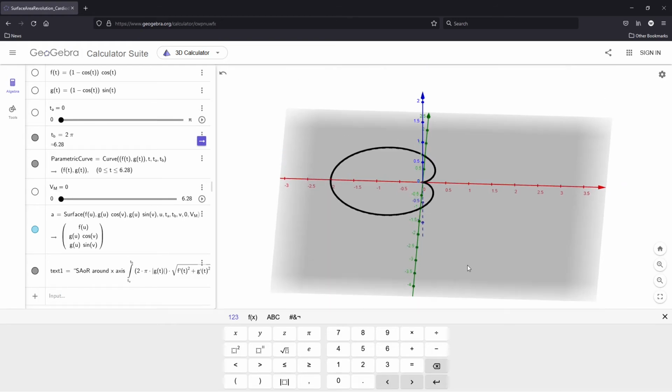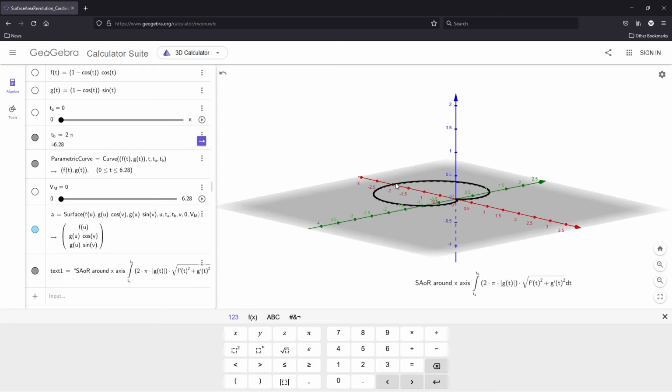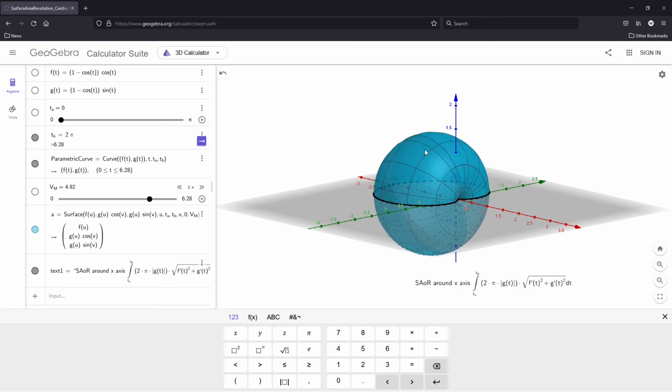But the problem with that, and the problem in general with going into negative y with your curve, is that when you form the surface of revolution, you end up double counting the total area if the curve is symmetric like this.